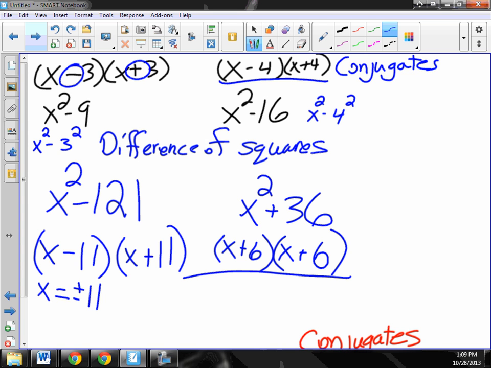No, it has to be 6 and -6, so that's not right. So if I change one of these to a minus, would that work? Would the middle term cancel? Yes. Would they multiply to be 36? They would multiply to be -36. So what's the answer here?